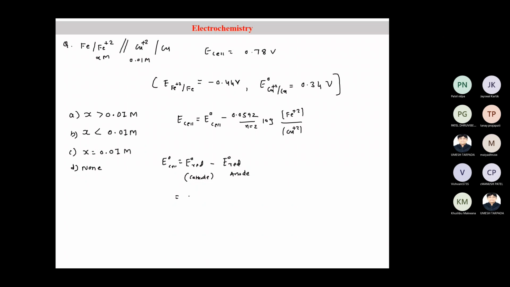Cathode is copper, so 0.34 minus minus 0.44. So in total it becomes 0.78 volt. So you can put into this equation. E cell is already given, 0.78, minus, and 0.78 is the standard.